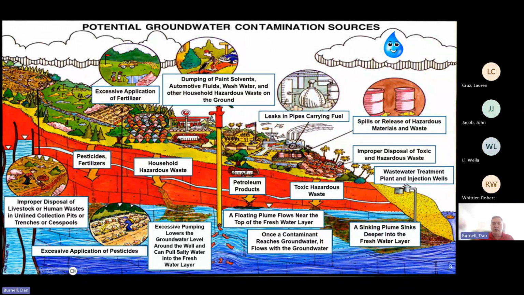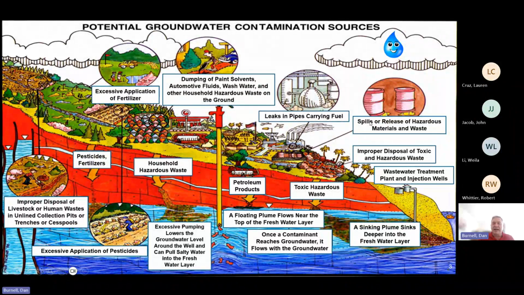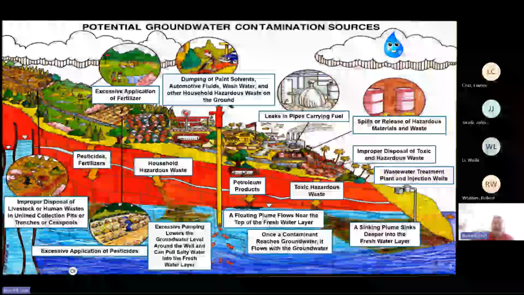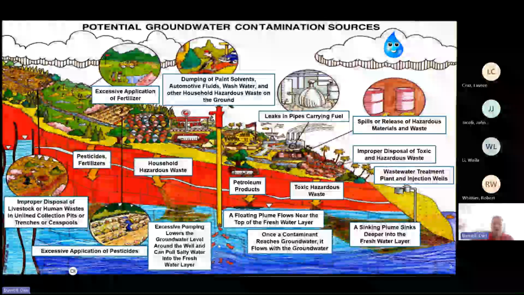It also can occur from leaking pipes that can carry fuel. It can occur from underground storage tanks or releases at land surface. And also, it's important to remember that if we pump too hard from this important resource, we can also pull in seawater.